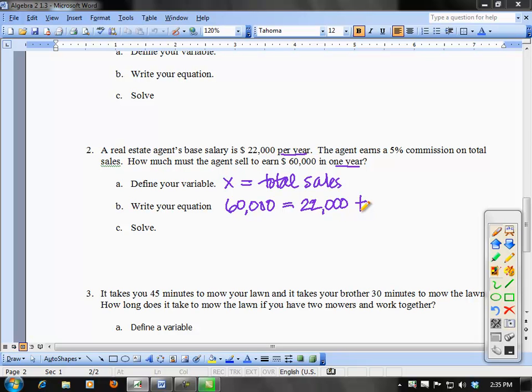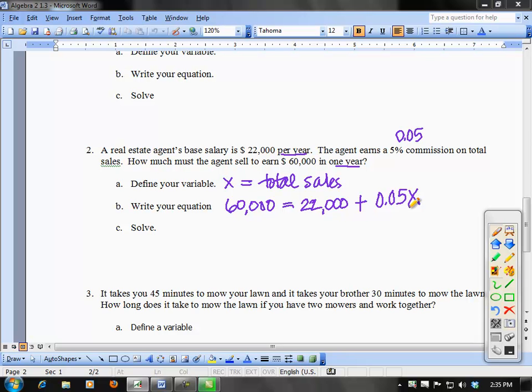And usually of means multiply. Now, 5% you need to put mathematically. So instead of 5%, we're going to change it to a decimal, which means we're going to divide by 100%, and you get 0.05. This is the number that we're going to use. So they get 5% on my sales, which we said sales means x.